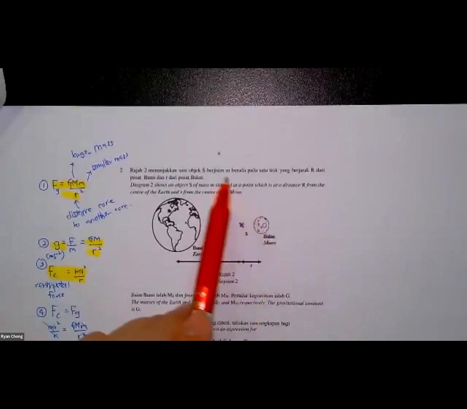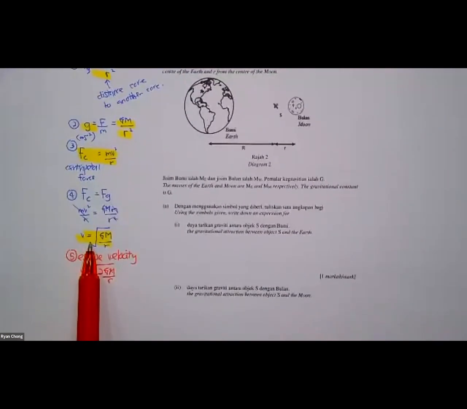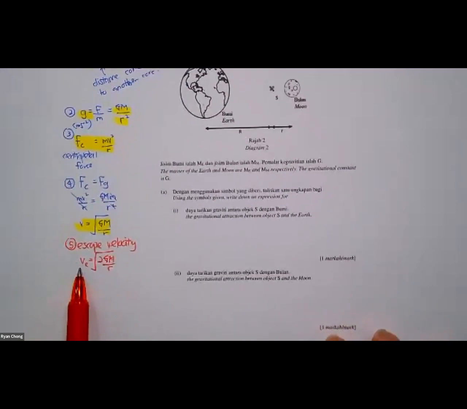For example, the speed of the moon moving in orbit around the Earth. Escape velocity refers to the speed for you to get away from your orbit. Let's say the moon orbiting the Earth: if it goes faster than that particular speed, more than the escape velocity, then your moon will get away from Earth.